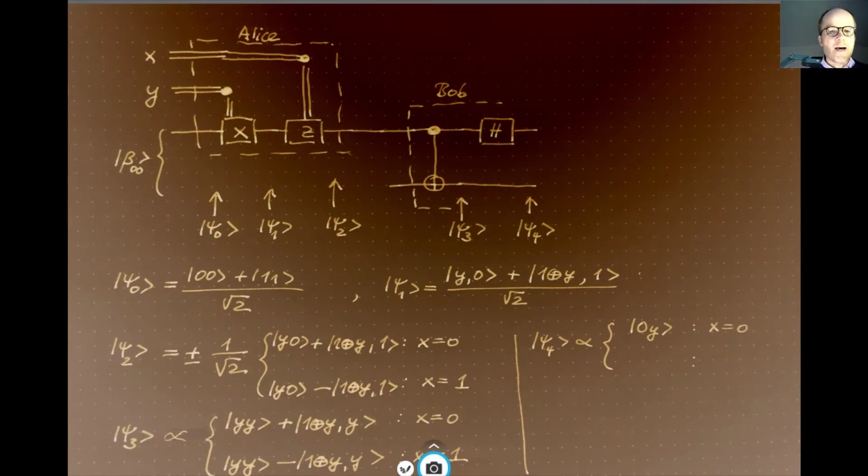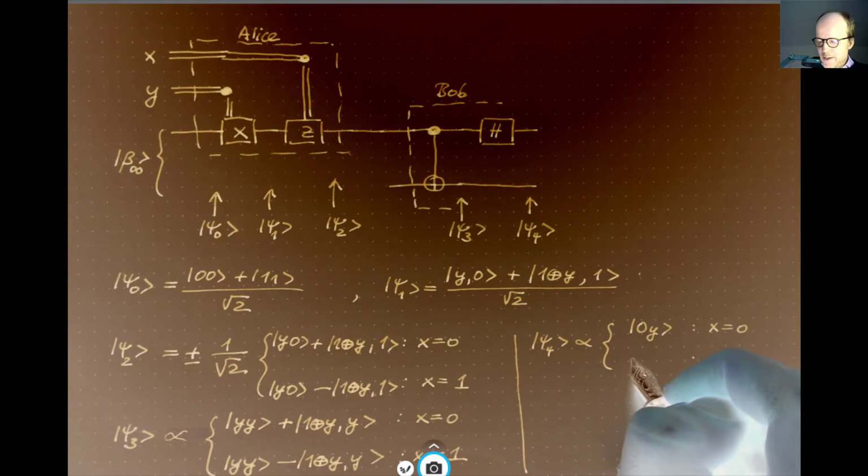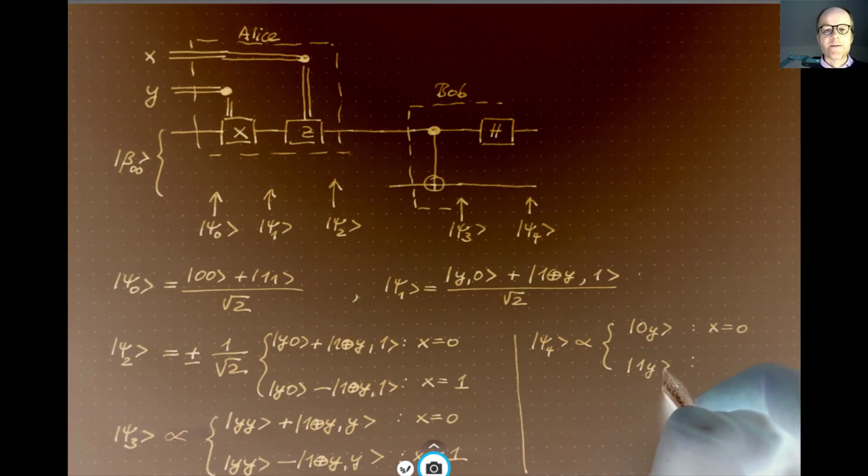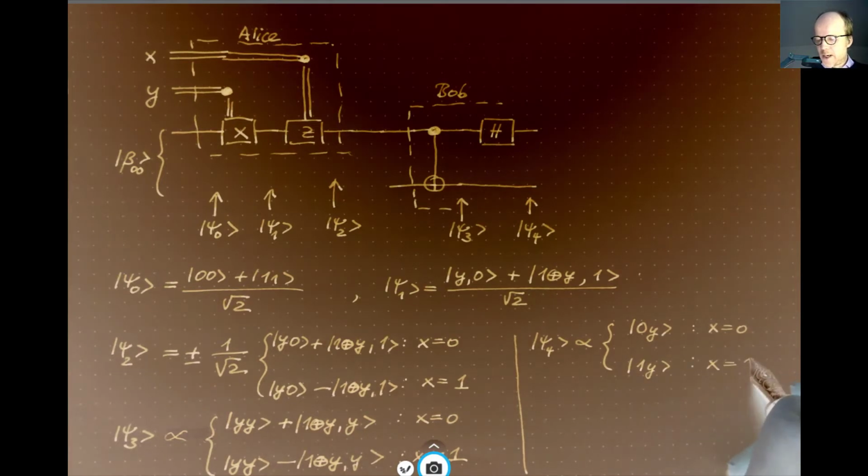And when you apply a Hadamard gate to a minus state, this returns the basis state 1. So in that case, psi4 is the state 1y. That's for x equal to 1. You can summarize these two cases: this is simply, up to an overall sign, the basis state xy.